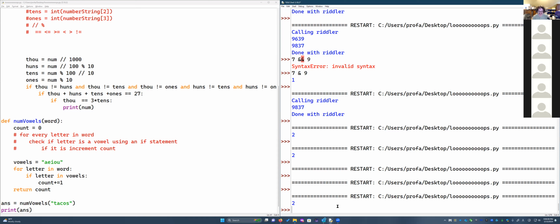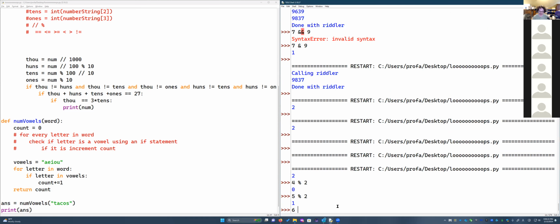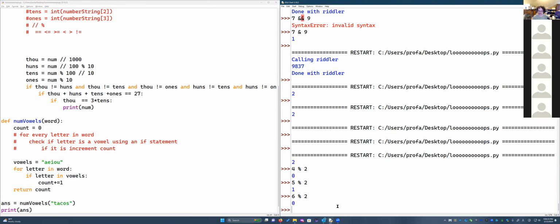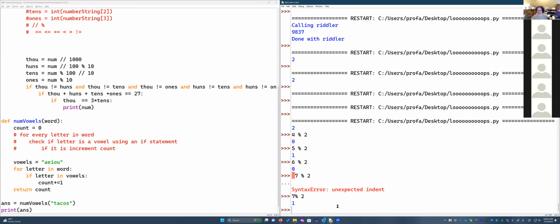So for instance, 4 mod 2 is equal to 0. 4 divided by 2 gives you no remainder. 5 divided by 2 gives a remainder of 1. 6 divided by 2 gives a remainder of 0. 7 divided by 2 gives a remainder of 1. So when you divide numbers by 2, even numbers have a remainder of 0, odd numbers have a remainder of 1.